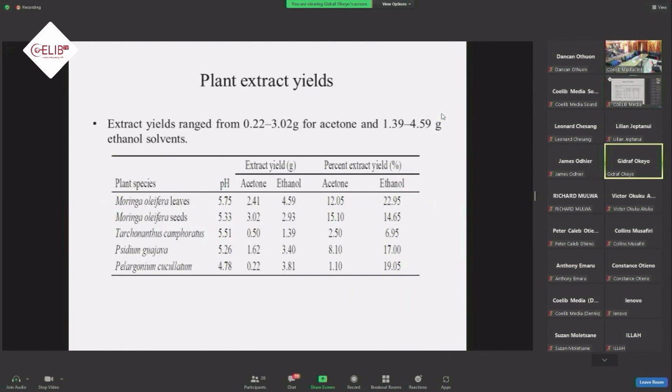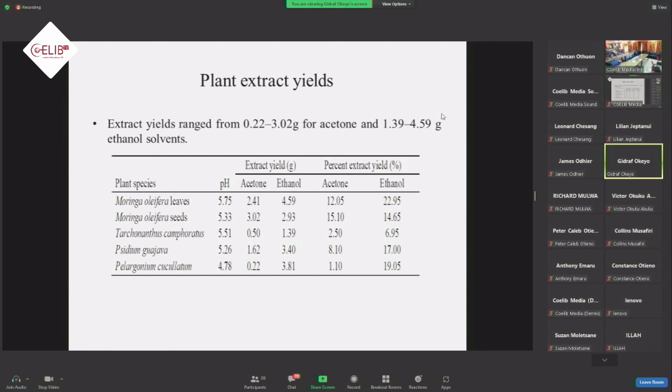So we moved again to the in vitro assay, and before that, we had to see the different yields of the extracts. We found that in general, ethanol, which is a polar solvent, had higher extract yield as compared to acetone, but for moringa seed, acetone had higher yield as compared to ethanol.